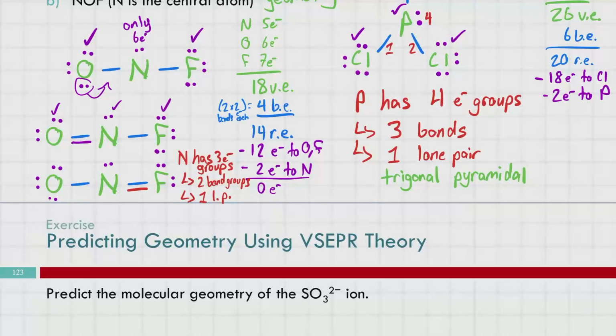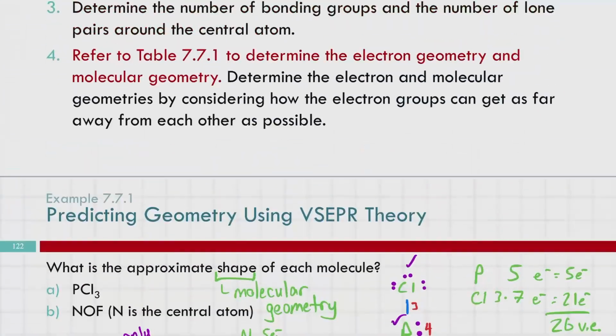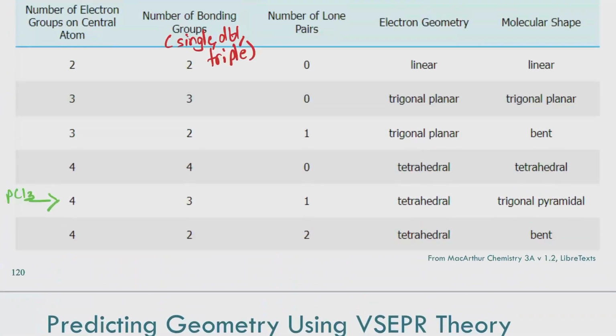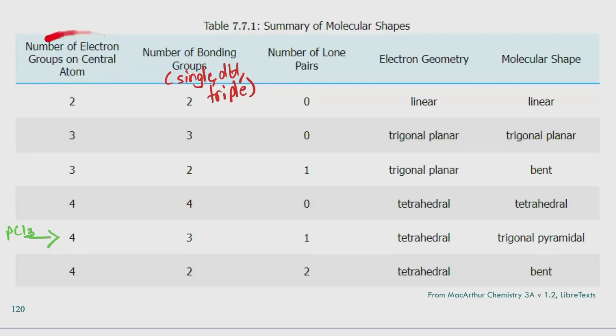Okay, so it's got 1 lone pair, 2 bonding groups. Let's go refer to our table. So we are looking for 3 electron groups on our central atom with 2 bonding groups and 1 lone pair. So we're going to be in this line. This is our NOF.